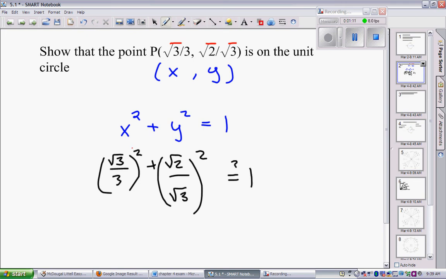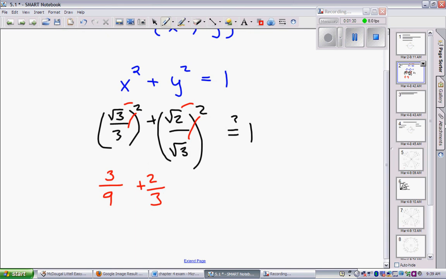So rules on exponents, we have to square the top and square the bottom. Root 3 squared just goes to 3. 3 squared is 9. Root 2 squared goes to 2. Root 3 squared is 3. Does it equal 1?